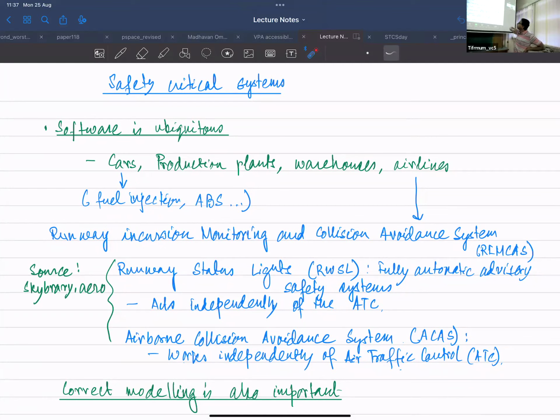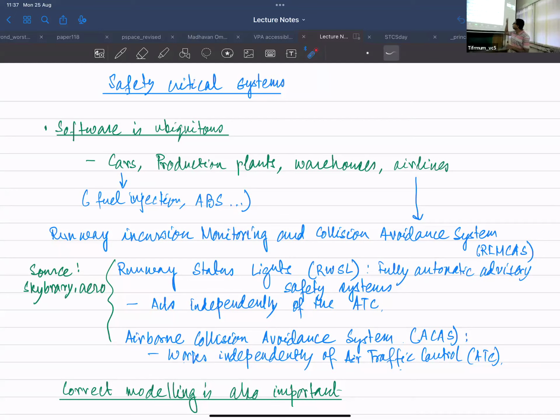So, for example, in airlines, if you go to any of the modern airports, there are these systems called RIMCAS, runway incursion monitoring and collision avoidance. Essentially, there may be flights which are landing and then taxiing and taking off. So there is a runway, there is a taxiway. How do you ensure that all these flights are not coming in the way of each other?